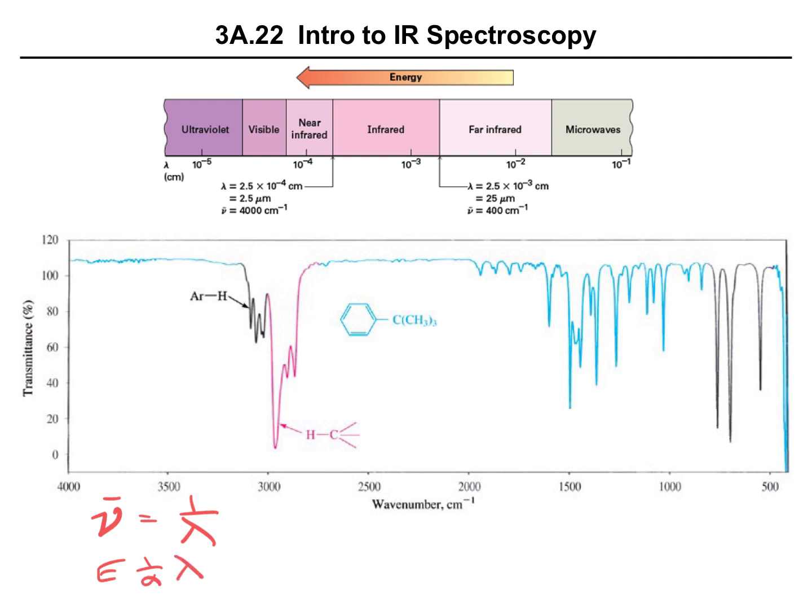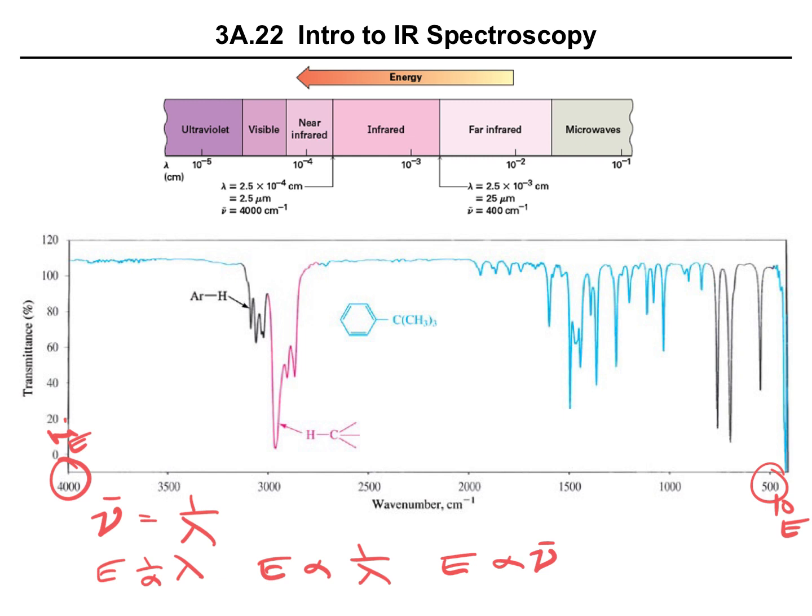Another way to say that is that energy is directly proportional to 1 over the wavelength. So in other words, energy is directly proportional to the wave number. That means over here, we're talking low energy because it's low wave number. And over here, it is high energy because it's high wave number.